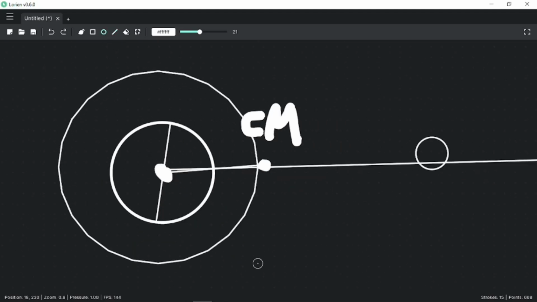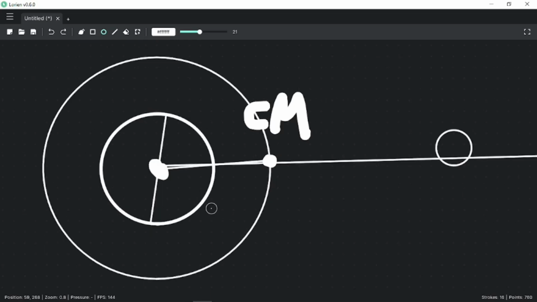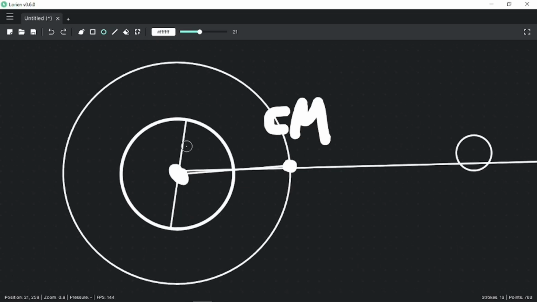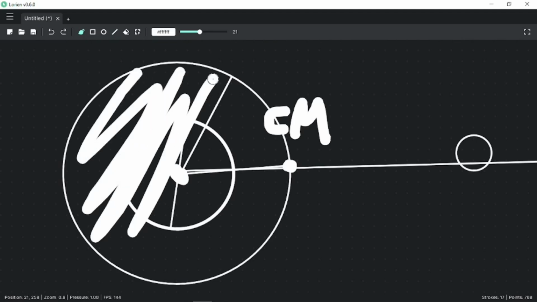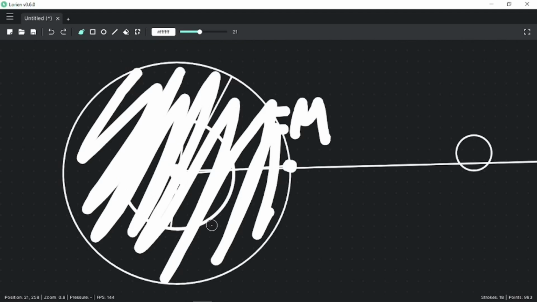So let's actually have this circle here with a radius of 1.08 the sun's diameter. This is the limit circle. So the center of mass is inside this circle here.